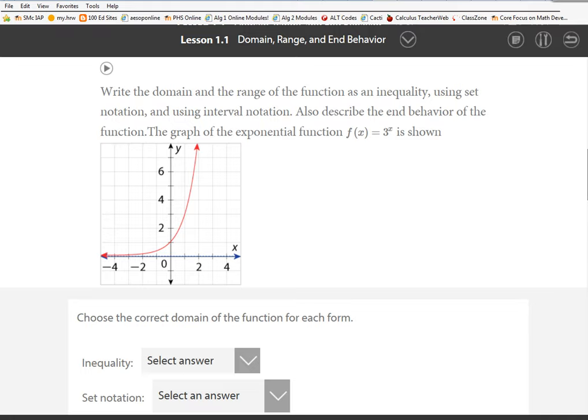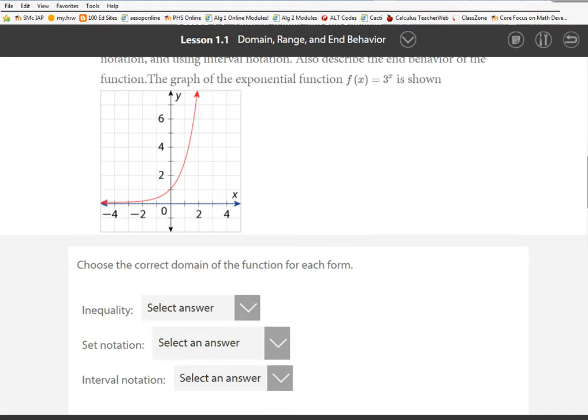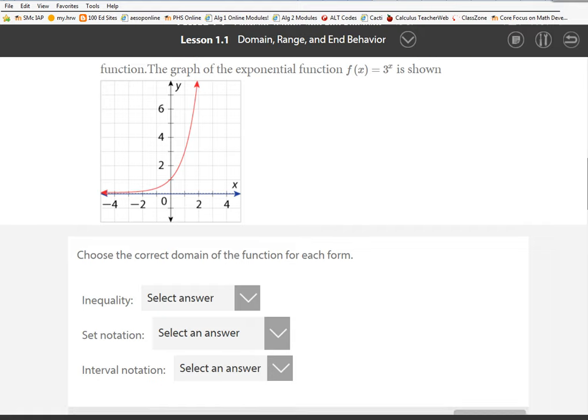Based on that graph, what can you tell me about the domain? What do you think? So the domain, that's the input, or the x values. All the x values that work for this function, right? Every place where any value of x we could plug in.